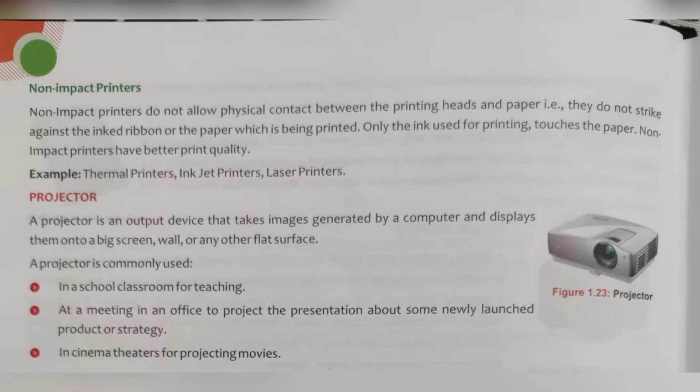Now, non-impact printers. Non-impact printers do not allow physical contact between the printing head and the paper, like the previous one. It is the opposite of the previous one. That is, they do not strike an inked ribbon against the paper which is being printed.